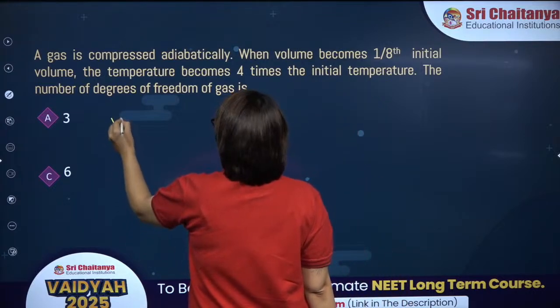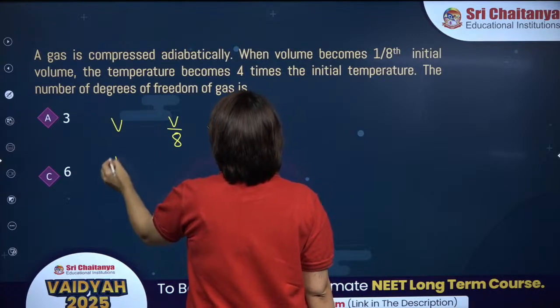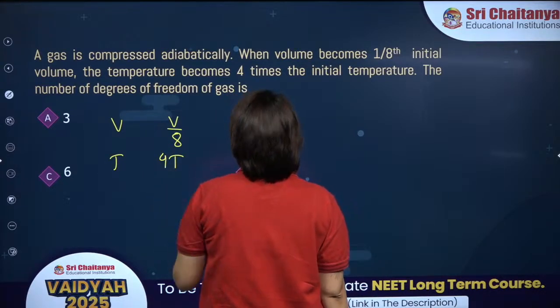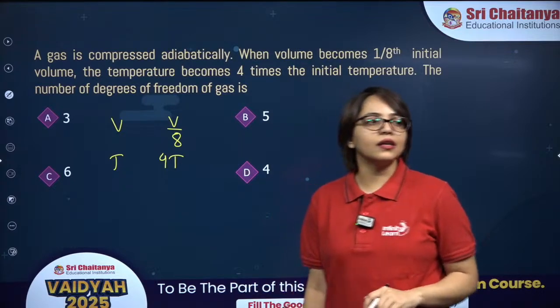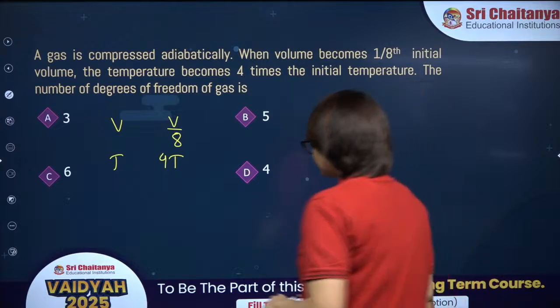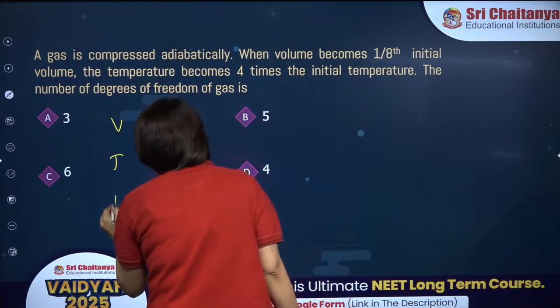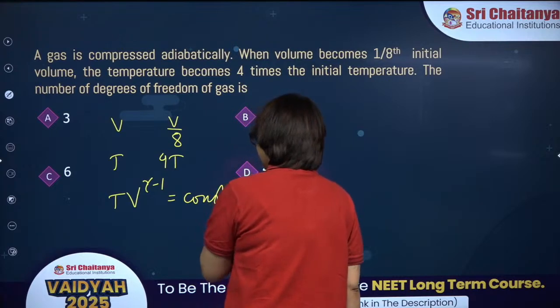Initial volume is V, final volume is V by 8. Temperature, initial is T, final is 4T, right? So for an adiabatic process, what is the relation between temperature and volume? It is TV power gamma minus 1 is equal to constant, right?